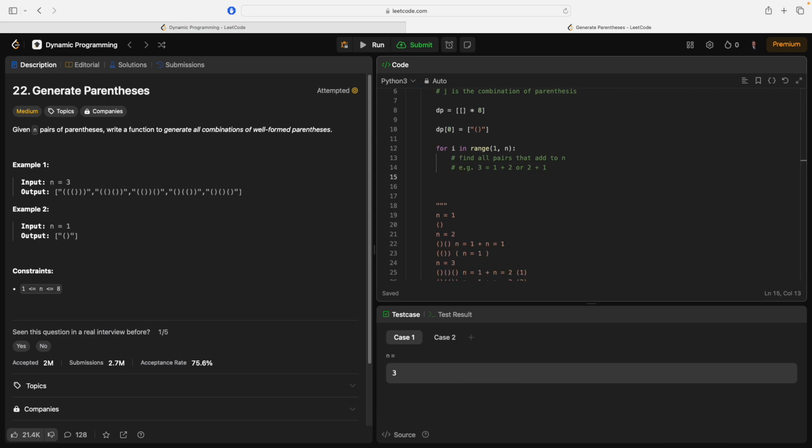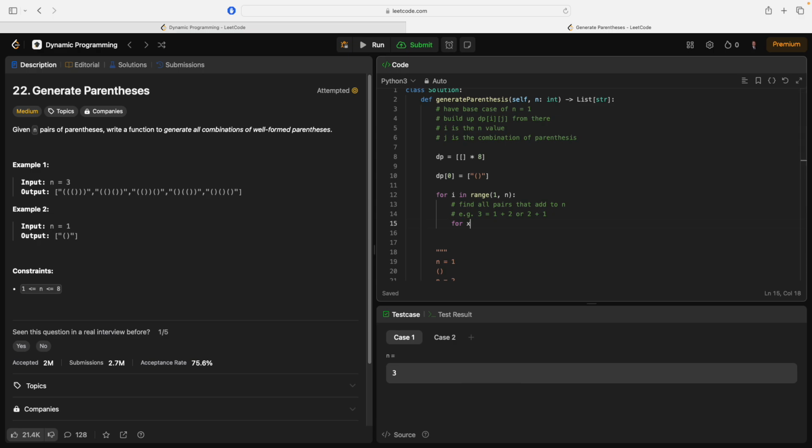So we're going to say for, let's see, I don't want to use j, x in range 1 all the way up to i.